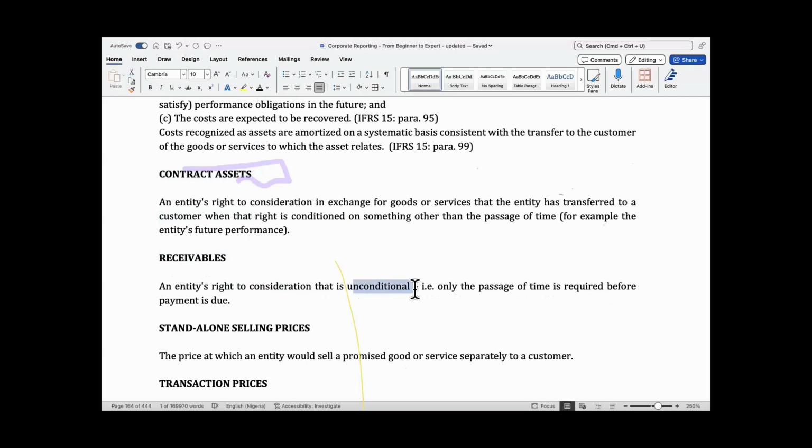That's receivables. It's different from a contract asset. So hopefully, I will send you some scenarios, and I would expect you to tell me which of them are contract assets and which of them are receivables. I'll send you like 10 scenarios just for you to be able to identify the differences.